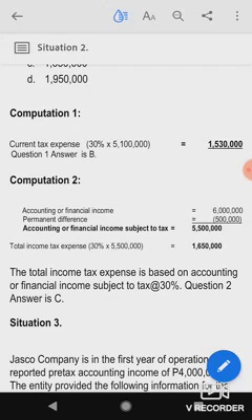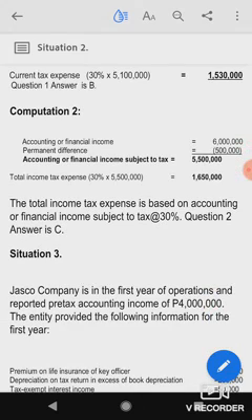So what we will do is deduct the permanent difference of 500,000. The accounting financial income subject to tax becomes 5.5 million. So the total income tax expense is 30% of that 5.5 million, which is 1,650,000.